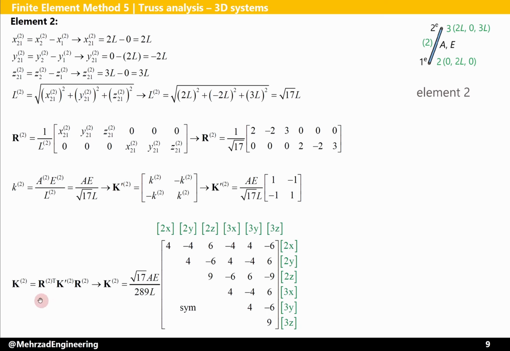After that, by multiplication of R2 transpose, K prime for element number 2, and the rotation matrix for element number 2, we could find the stiffness matrix in the global coordinate system for element number 2, and I have written on top and beside of this matrix degrees of freedom based on global node numbers.